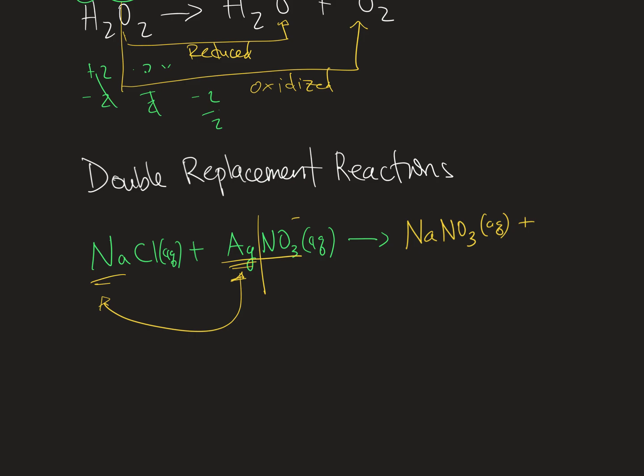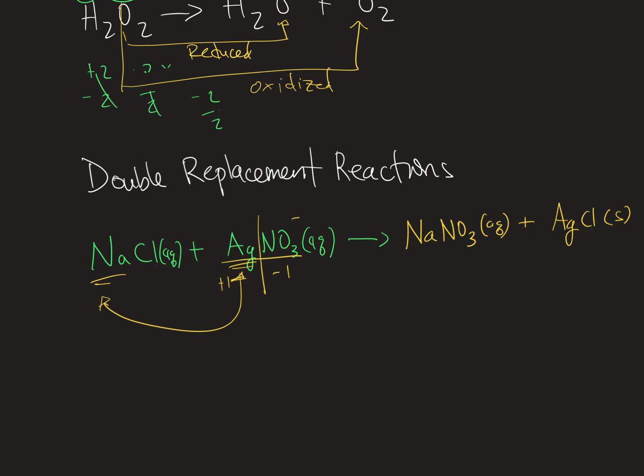Nitrate is 1 minus, and how many nitrates are there, guys? 1, because no parentheses, right? So this side has to be +1, and there's only 1 silver, so it is +1. So silver's +1, chlorine is -1. It's a 1-to-1 ratio. We get AgCl, and it turns out that that's a solid. We'll talk about how we know that, but not yet.